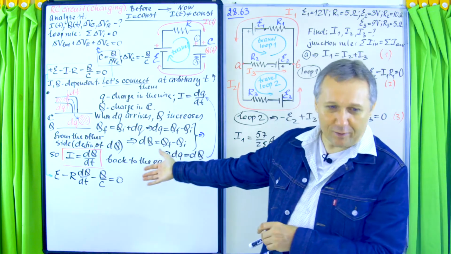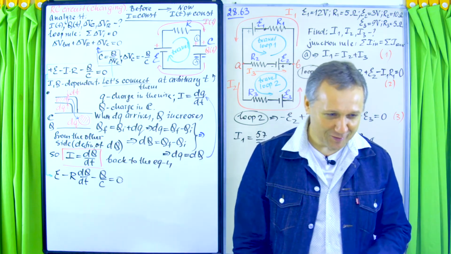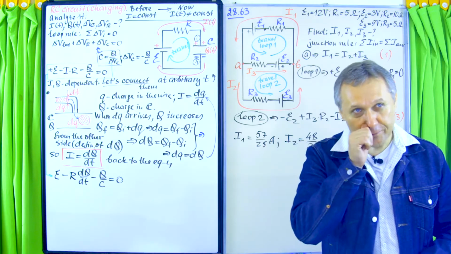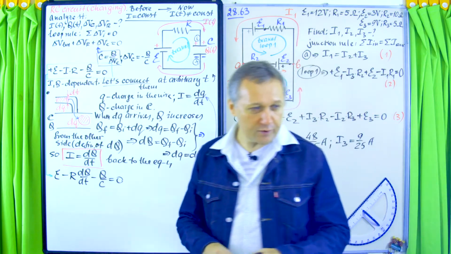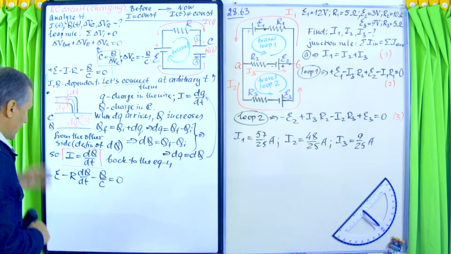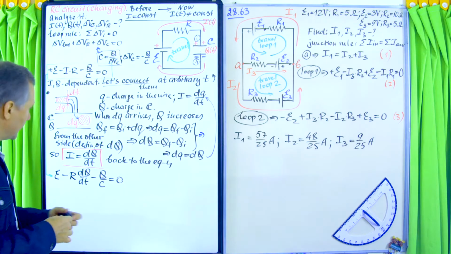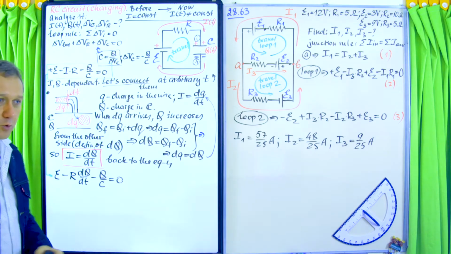But now, of course, we have a differential equation, right? A first order differential equation. And of course, it's the first time we see differential equations in this course. Okay, so what needs to be done now? We need to make it look nicer. Basically, at this point, you just need to solve it.